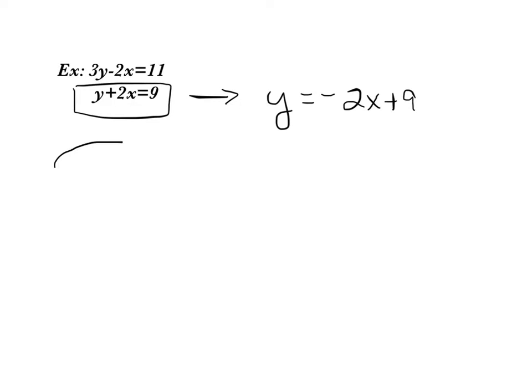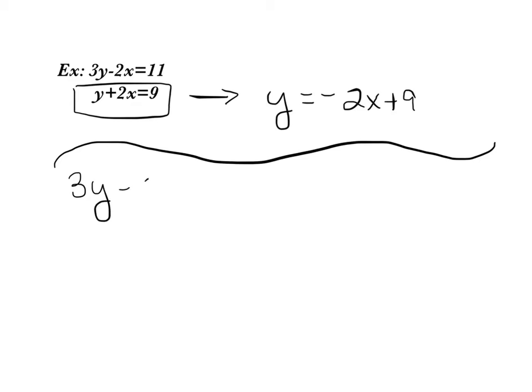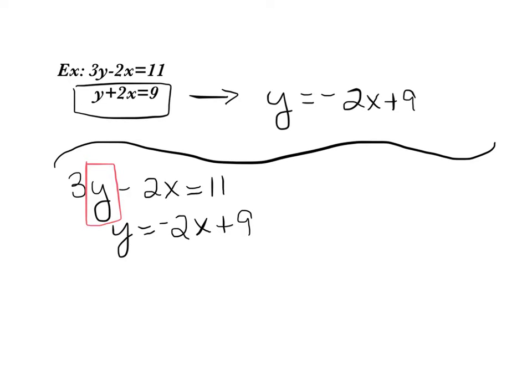If we rewrite these, we now have the equations 3y minus 2x equals 11 and y equals negative 2x plus 9. So now that we have them written that way, I can see that anywhere that I see a y in that first equation, I can replace it with the expression negative 2x plus 9.